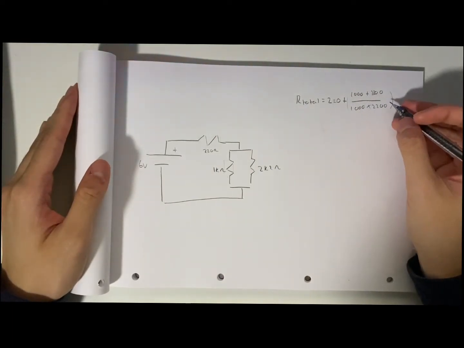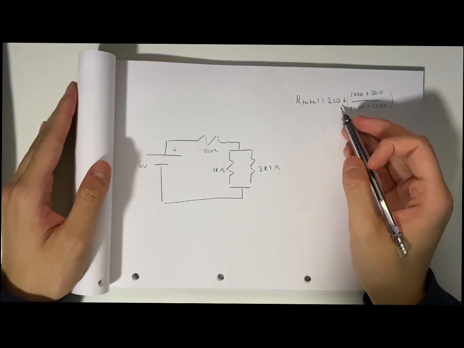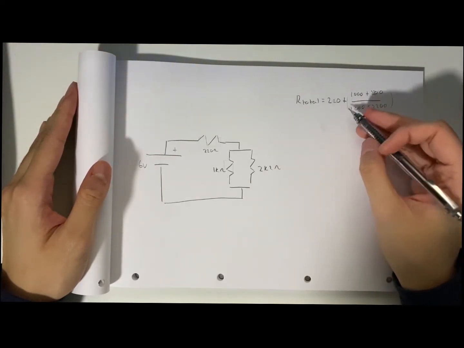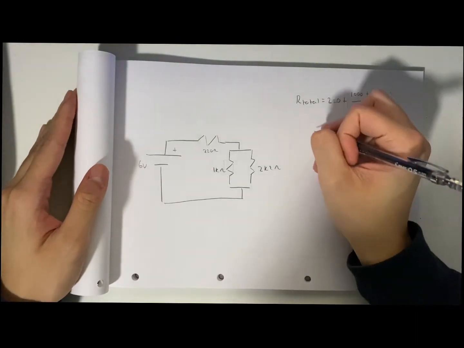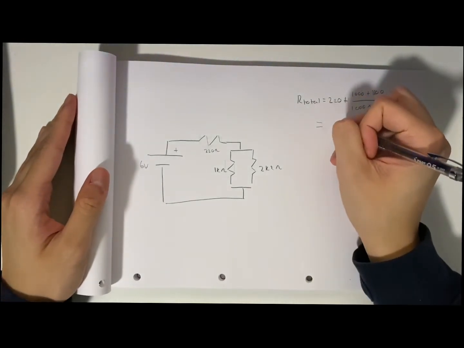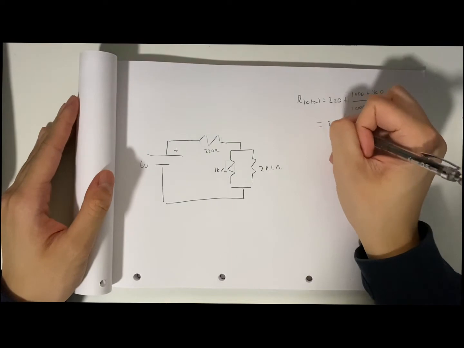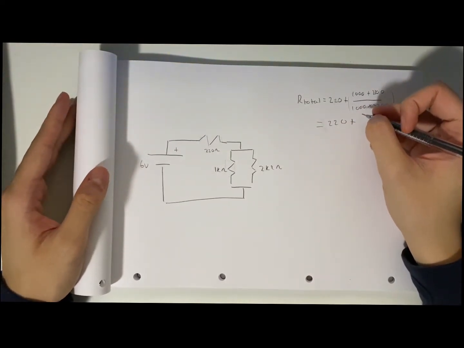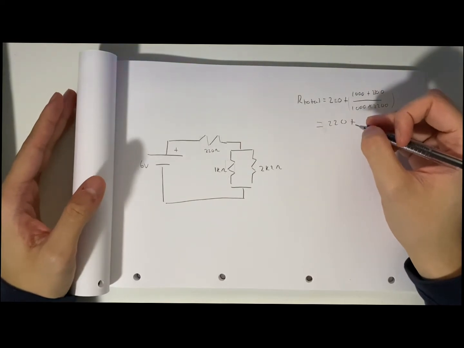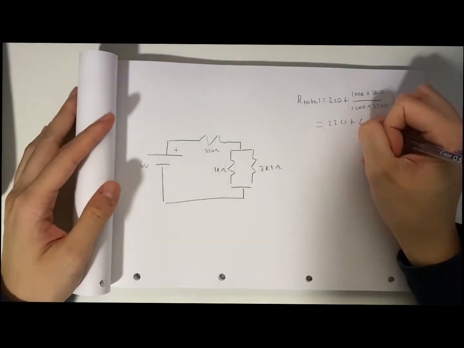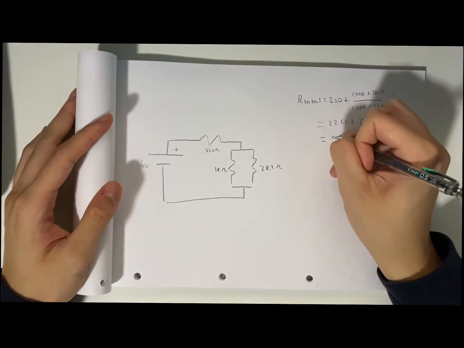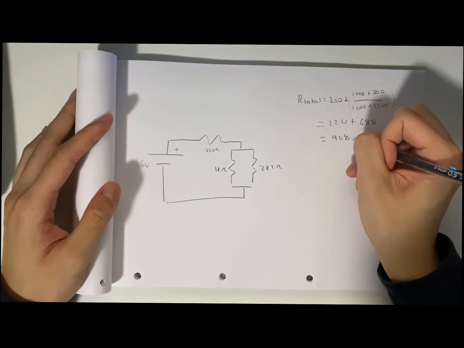I'm just going to substitute our numbers straight in: our 220 ohm, 1000 ohm, and 2200 ohm resistors all substituted in. Solving that, we get 220 plus 688 ohms, and that equals 908 ohms.